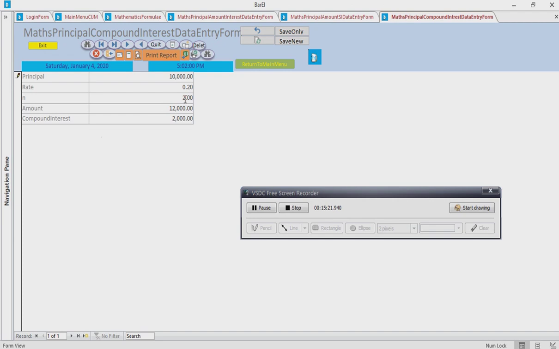If the period is 2, then the compound interest is 4400. And the amount is 14,000.